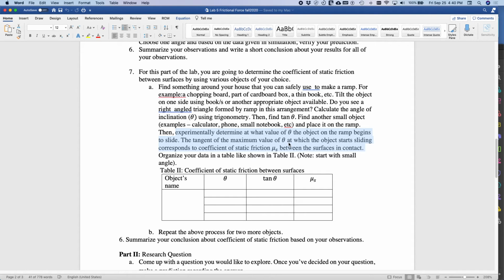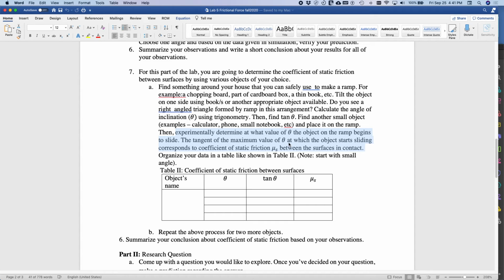They should start from a small angle. Let's say I have a calculator on the ramp, and I start from maybe a 5-degree angle. If the calculator doesn't slide at 5 degrees, I can increase the angle, maybe to 7 or 10 or 12, and find the angle at which the object starts to slide.